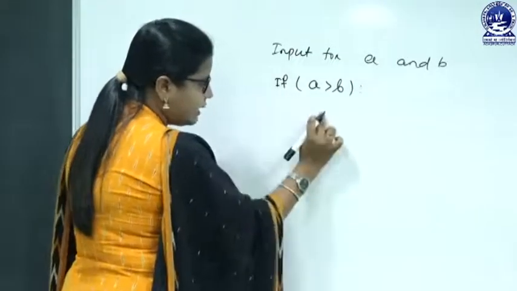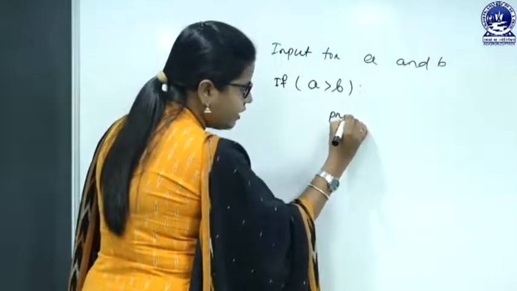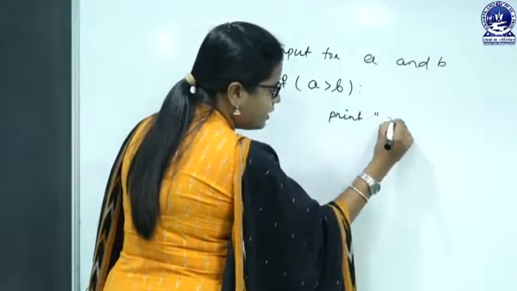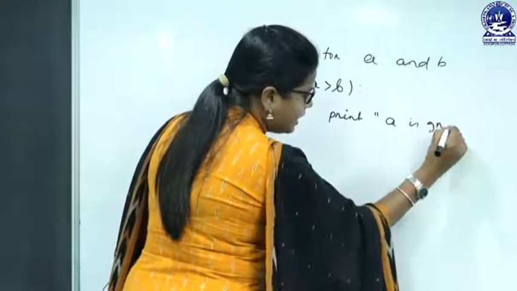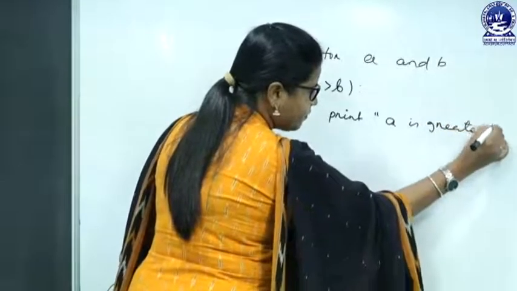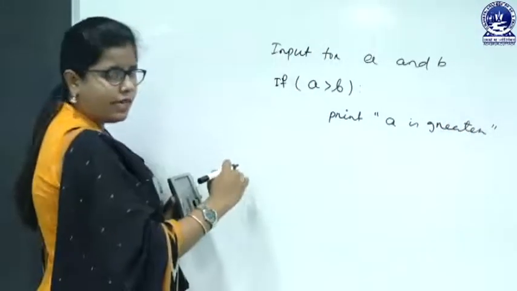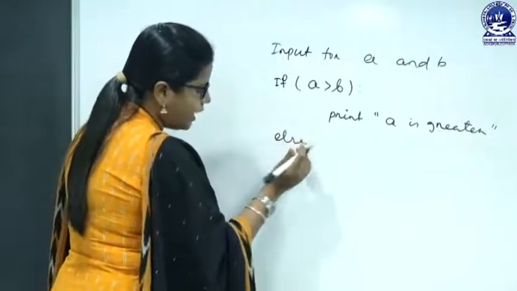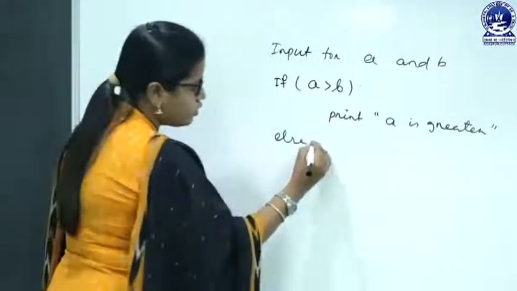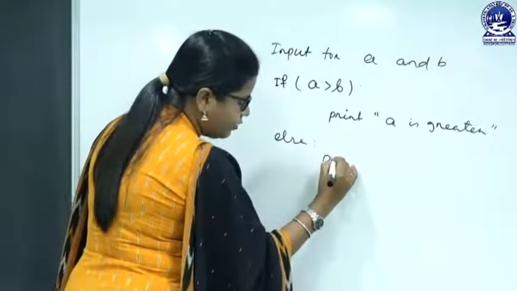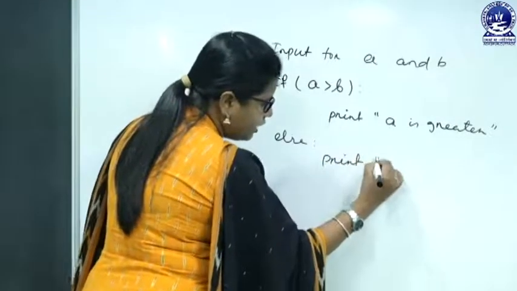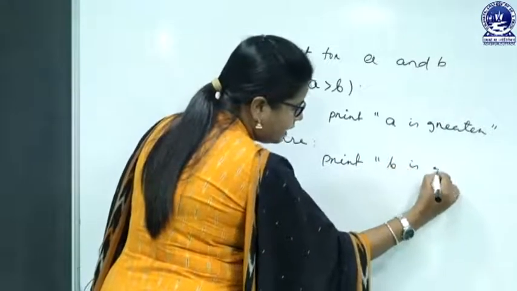Here we can skip some space, then write print A is greater. Next, for the else part, we have to come back to the first level. So else, again following the indentation, print B is greater.